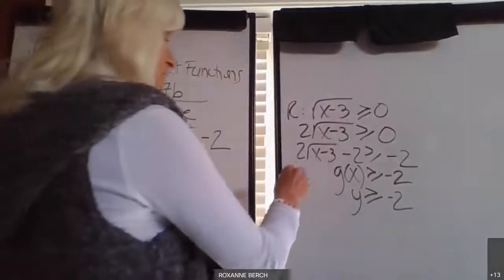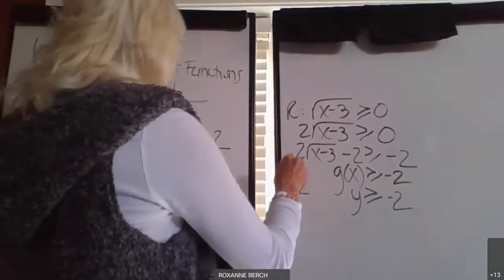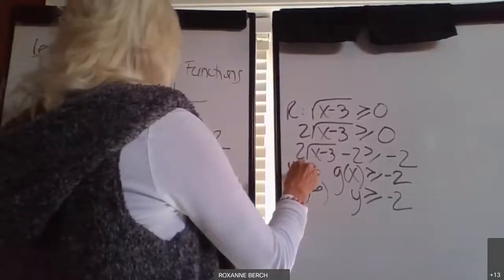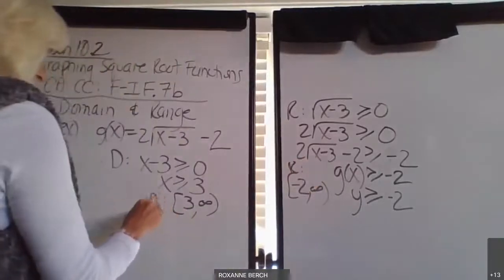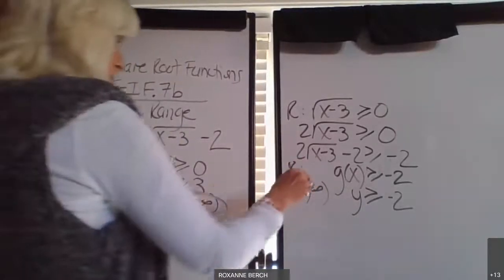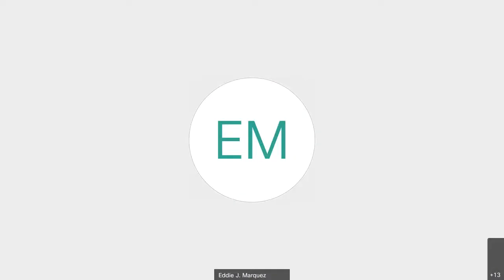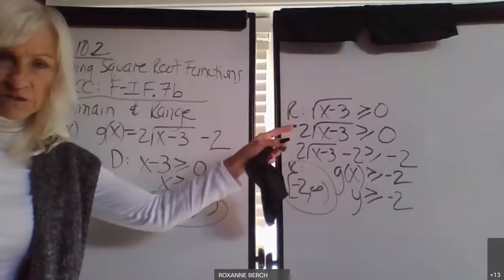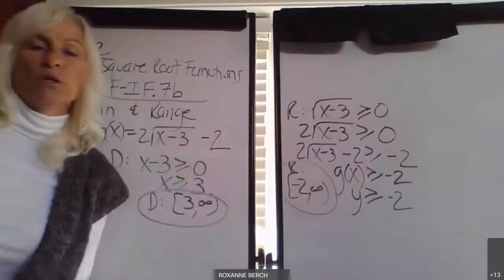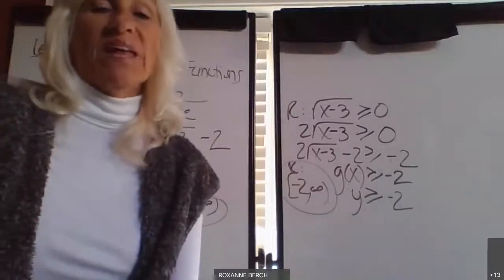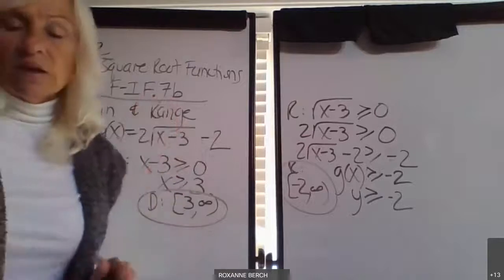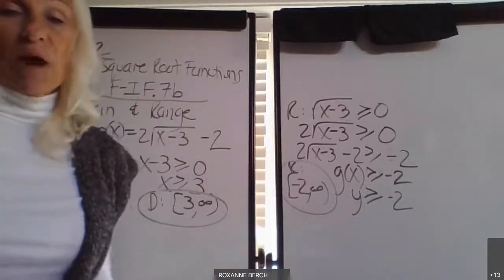So the range is closed on negative 2 to infinity. Okay, thank you. So for the domain, you just set the radicand greater than or equal to 0. For the range, you set the radical greater than or equal to 0, and you have to build the function. So I'm just showing you how to do it in lieu of graphing.